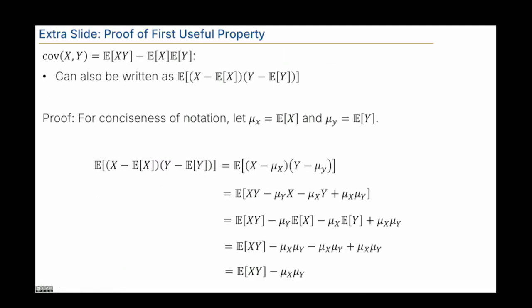This first proof I want to get through quickly because there's nothing spiritually stirring here. Basically, if we have our original formulation for covariance up here, I will show that I can get to it if I start from this other version, just the direct proof. I purport that this expression here is the same. How do I do that? Well, I'm going to multiply out the cross terms. But before I do that, I'm going to replace the expectation of X with mu X. Why am I doing that? Conciseness of notation.